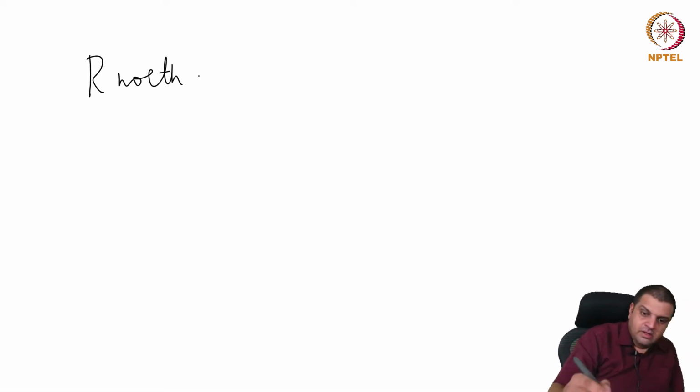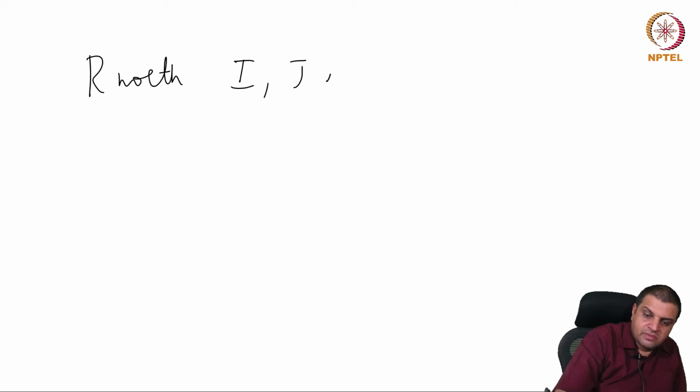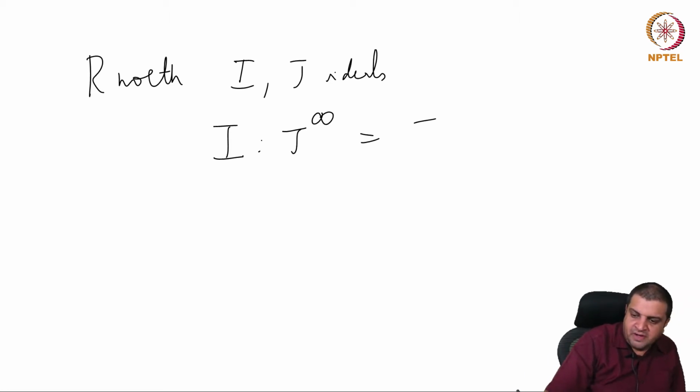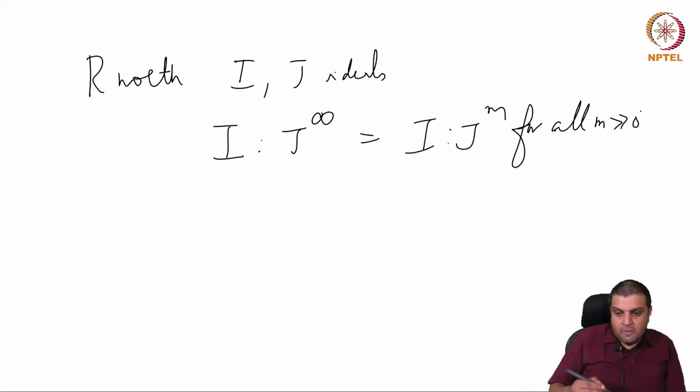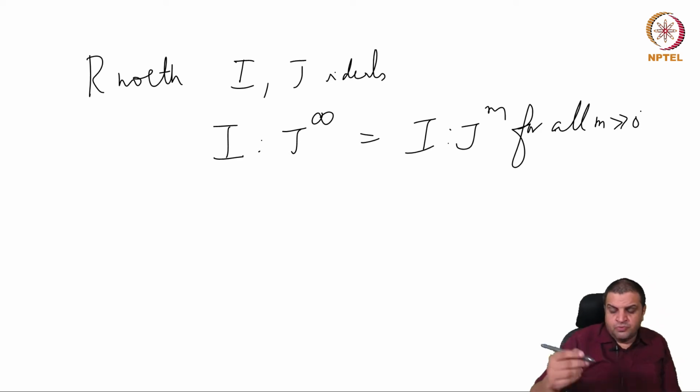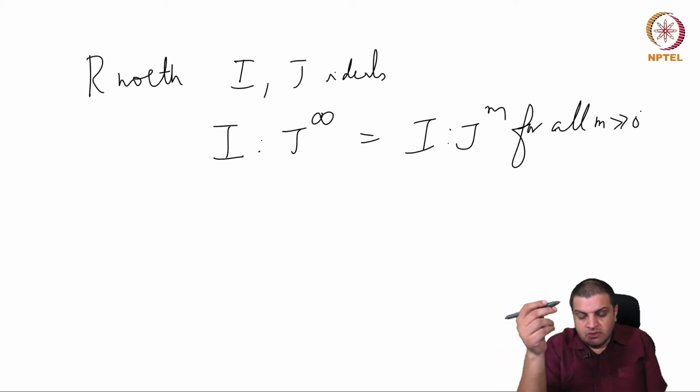R Noetherian, I and J ideals, then I colon J, the J-saturation of I, is I colon J^m for all sufficiently large m. Okay, this is what we know. So if you want to find saturation, it's sort of enough to understand how to compute colons.